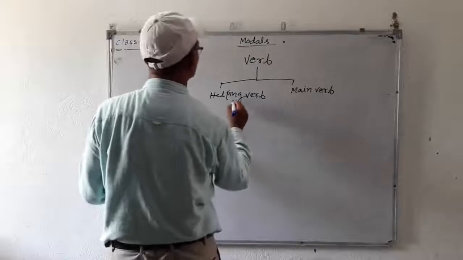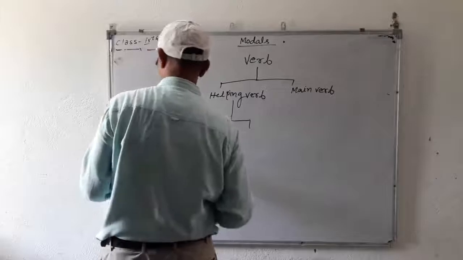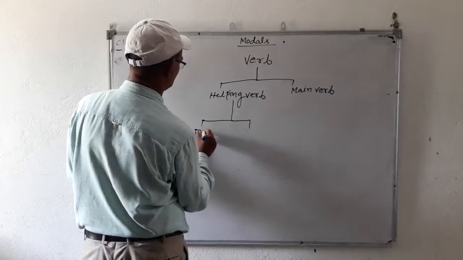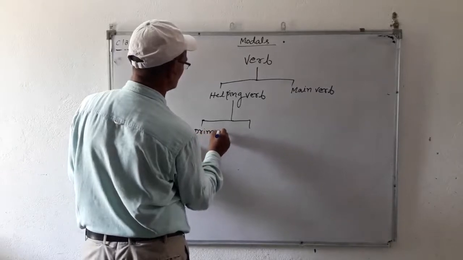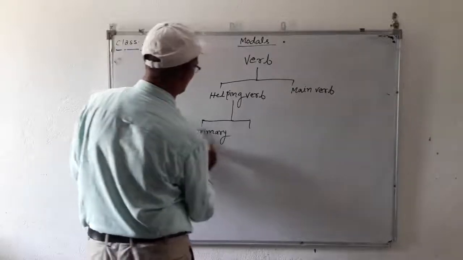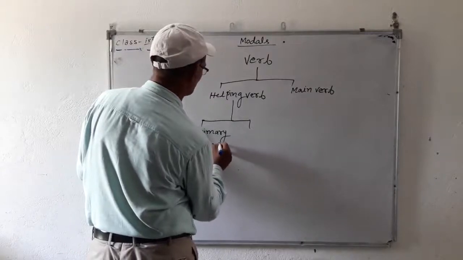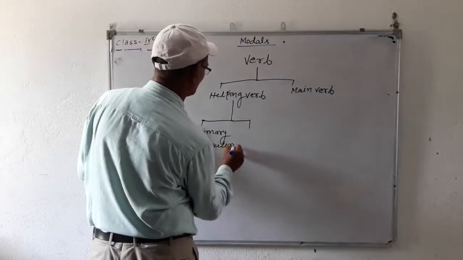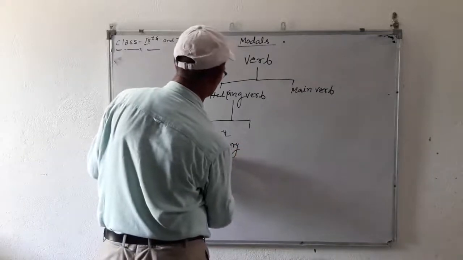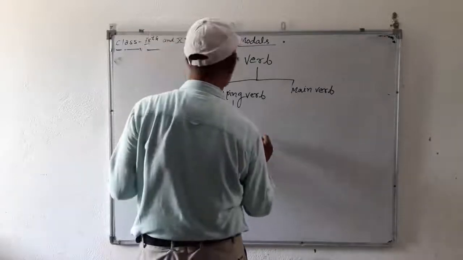Helping verbs are grouped into two parts: primary auxiliary verb and modals.